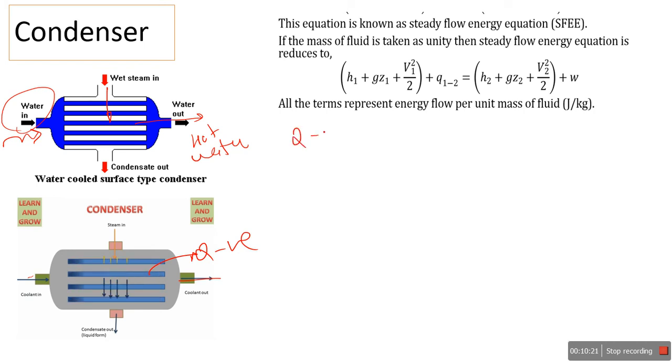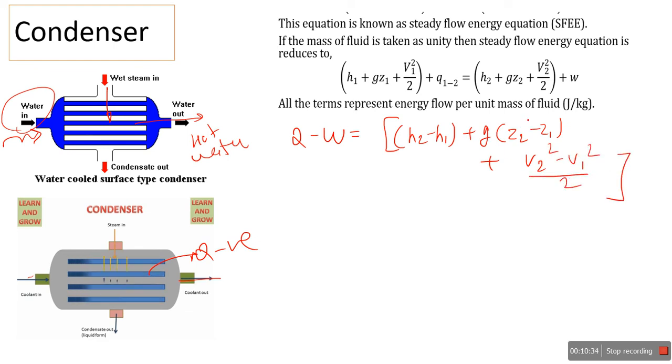Okay, so Q is negative. So write the equation again. Q minus W is equal to, for unit mass, the drop in enthalpy, the change in potential energy, the change in kinetic energy. Again, I assume that the change in potential is 0, and the change in kinetic energy is also 0. Q is negative.